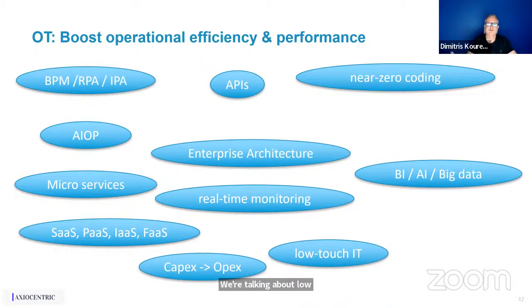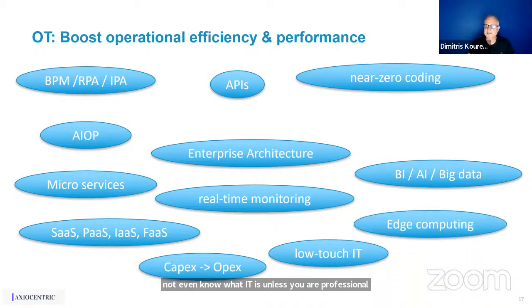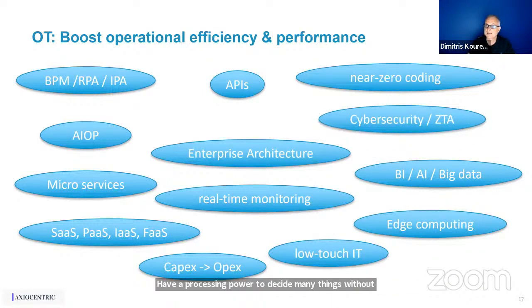So ideally, you should not even know what IT it is unless you are a professional in IT. We're talking about edge computing, where all those IoT devices can have processing power to decide many things without asking the cloud, let's say, about that.